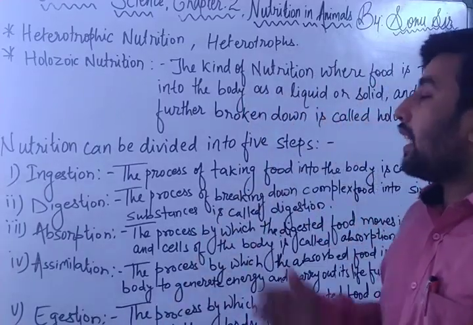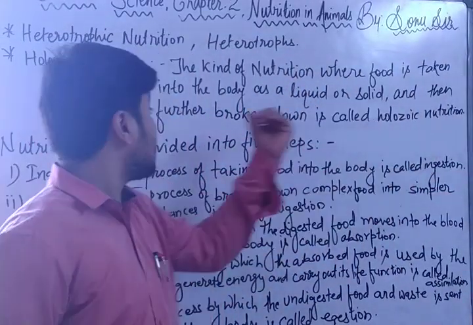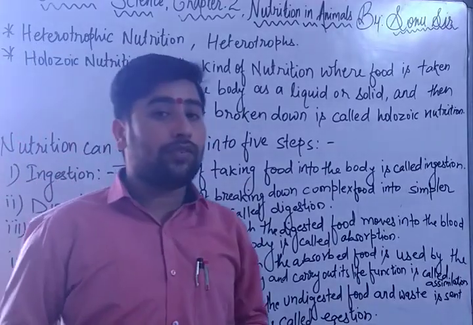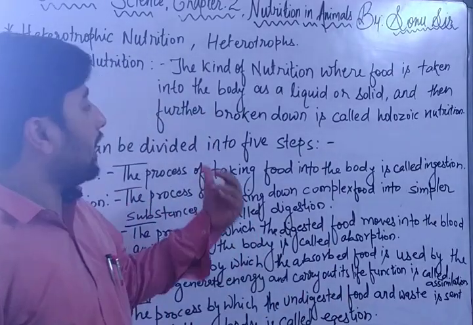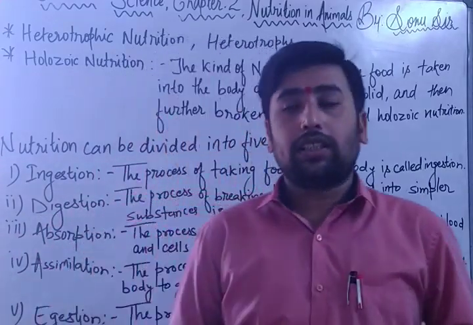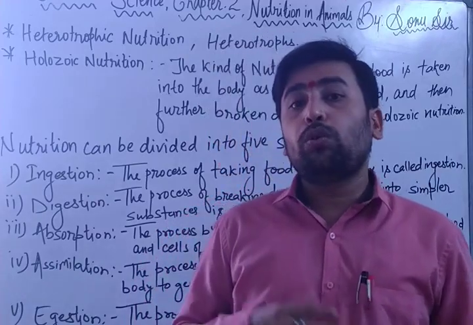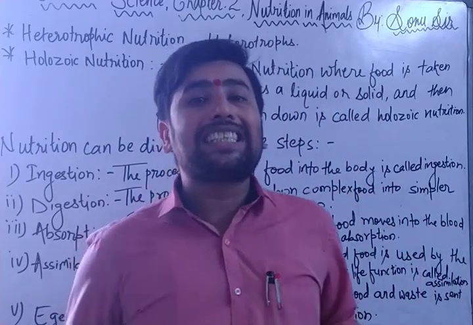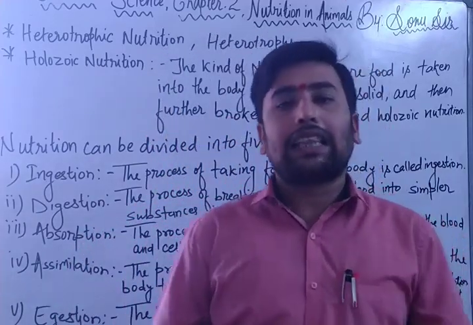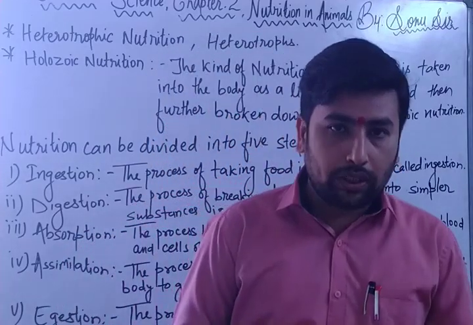Holozoic nutrition is the kind of nutrition where food is taken into the body in the form of liquid or solid and then further broken down. Means after taking the food inside the body, what happens? Food breaks down into simpler substances, and that nutrition is called holozoic nutrition.